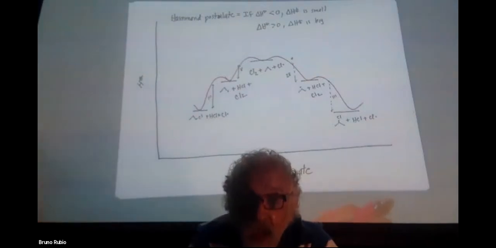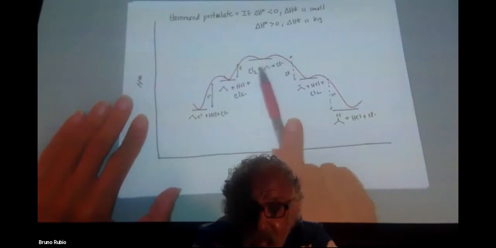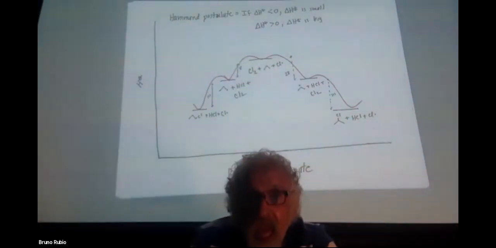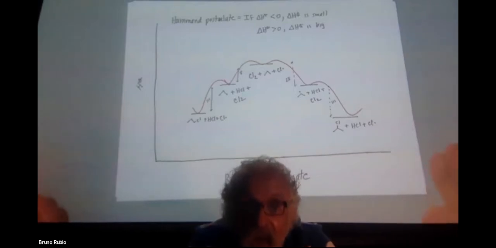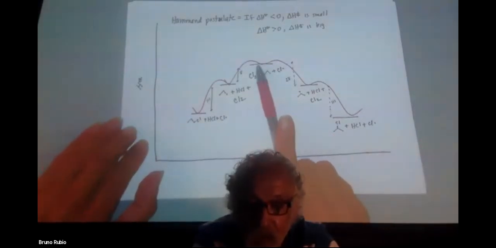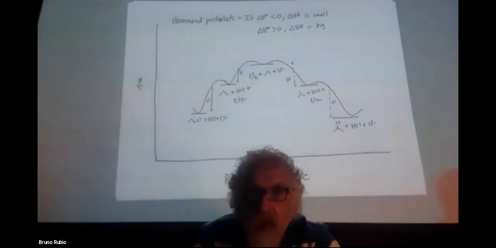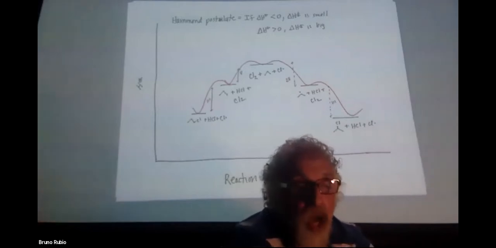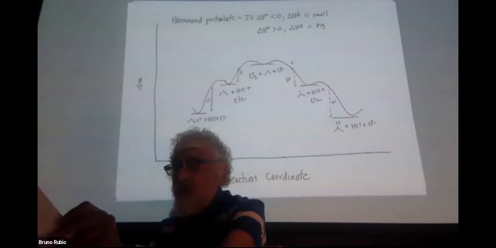Which is the faster reaction? Well, this one is, but not by much. This hill is tiny. This hill is tiny. That is what the Hammond postulate is saying. So we see now why chlorination replaces hydrogens with little selectivity, because replacement of a primary hydrogen and replacement of a secondary hydrogen happen at about the same rate, because the energy barrier for both processes is about the same.